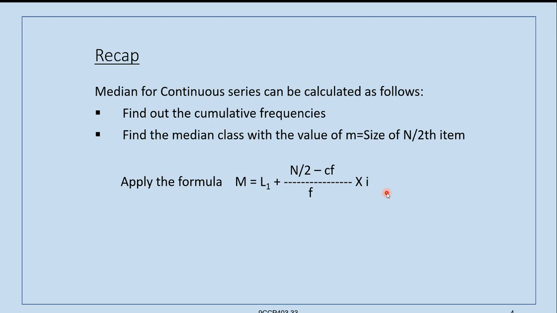Cf is the cumulative frequency of the preceding class of the median class. And i is equal to the length of the class interval or gap of the class interval, upper limit minus lower limit. And f is the frequency of the median class in which median is falling.